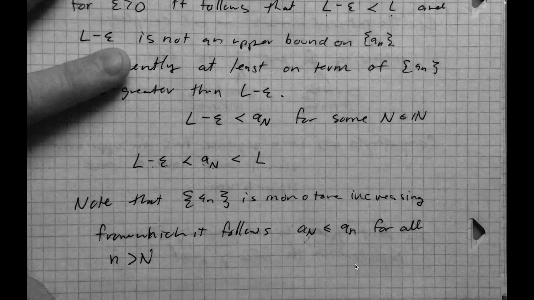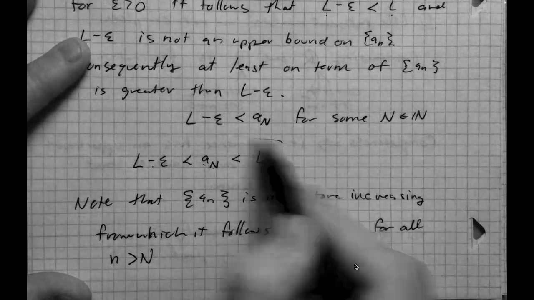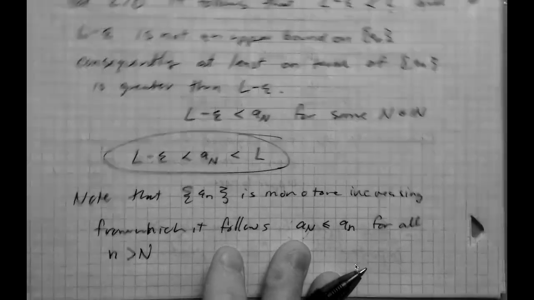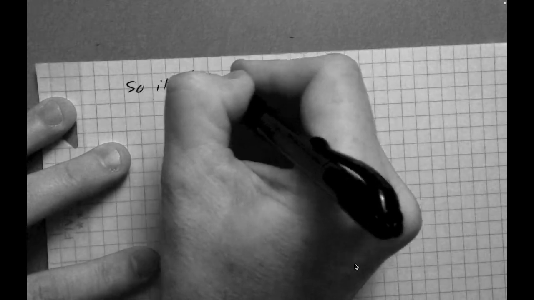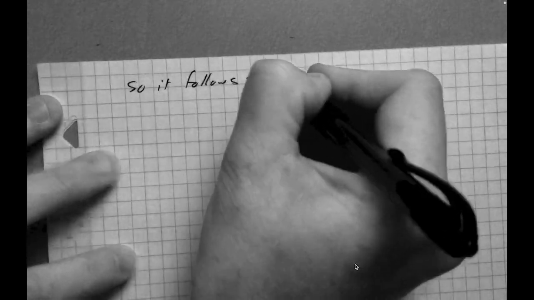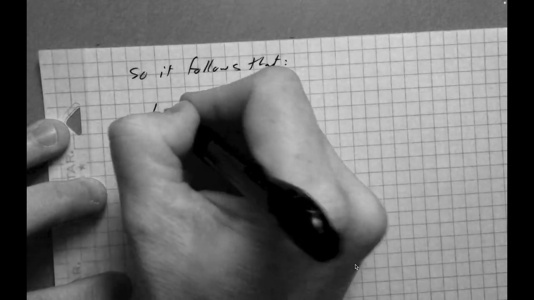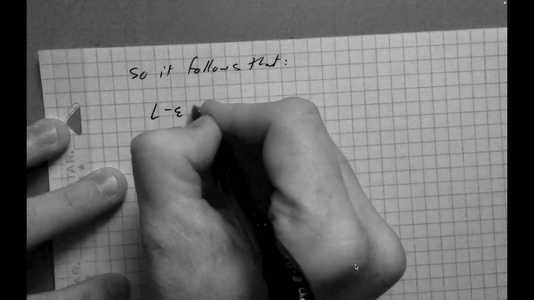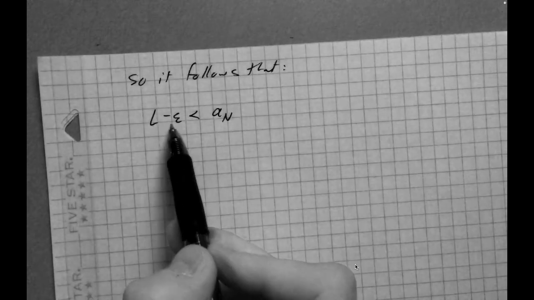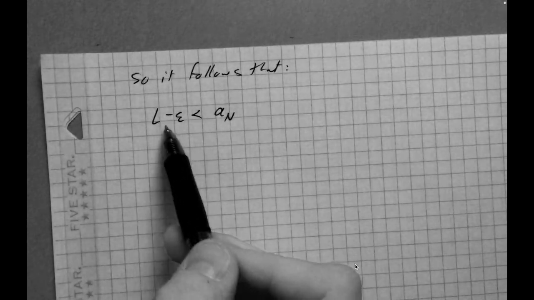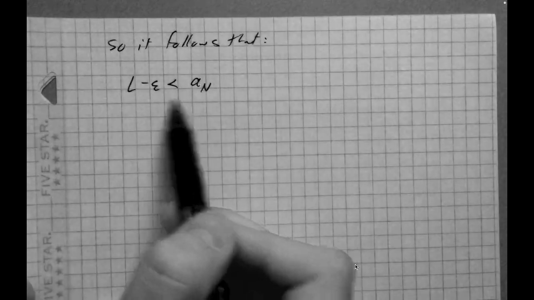Okay, so we can take this idea and add some more quality to it. So it follows that we've got our L minus epsilon, and that is less than A of N, specifically because this is not an upper bound, and by definition that just means that some terms of the sequence are larger than it.